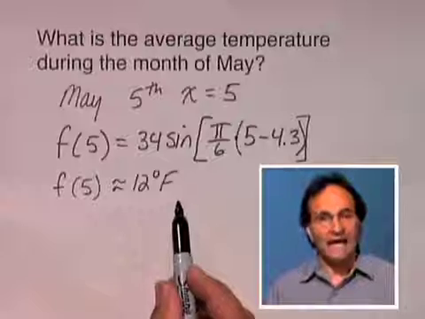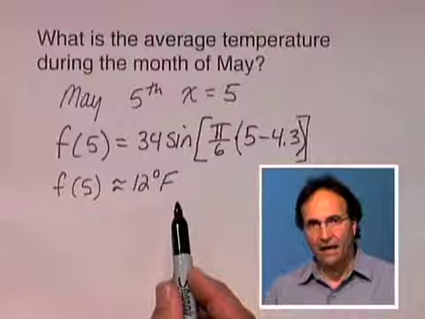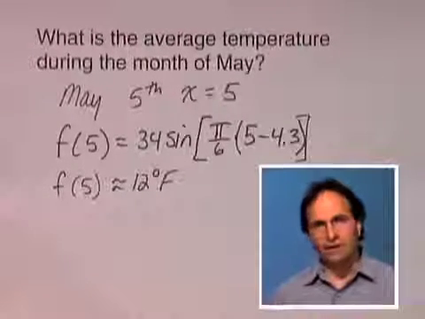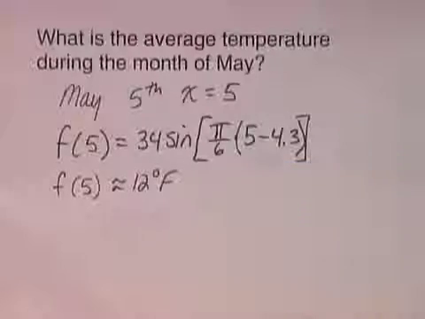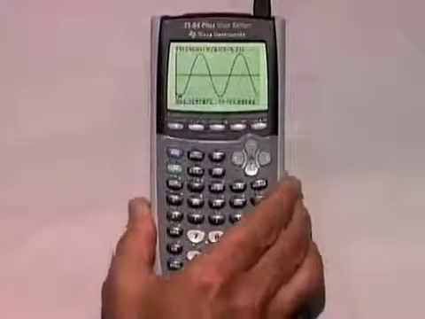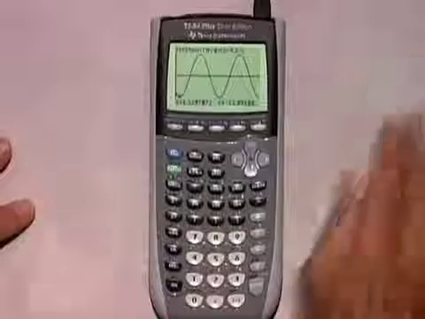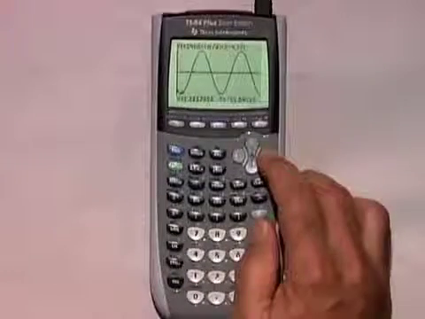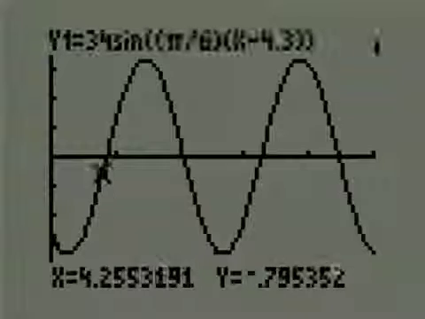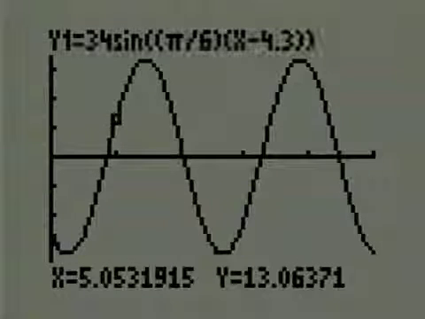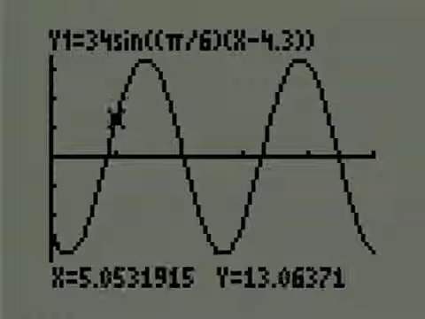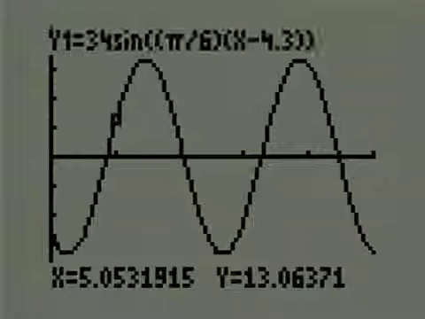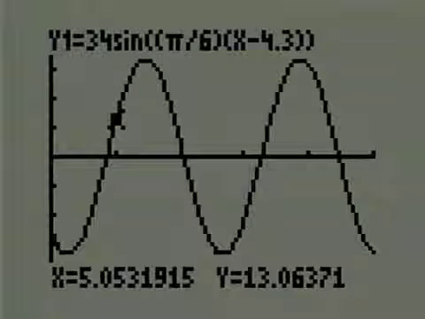Now, we can verify that on the calculator. So let's bring the calculator back in. And we still have it on the trace function. So what I want to do is move the cursor to where we have, as close as we can, x equals 5. And that's too much. That's a little too little. So we'll go to x equals 5.